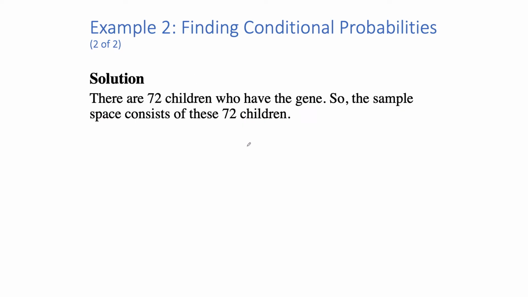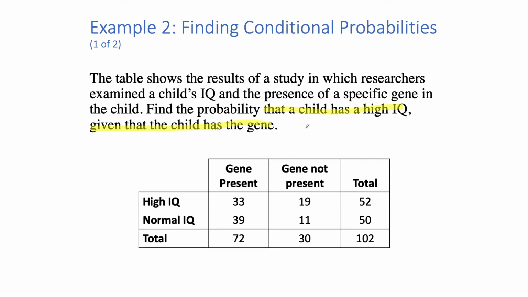So consider what the story is. If I ask just the question, what is the probability that a child picked at random from the sample has high IQ? If I just wanted that, right? So let me look at the probability that the child has high IQ.